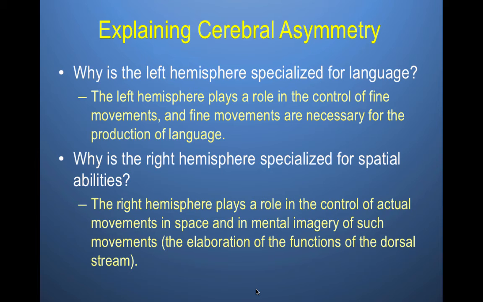If we think about the types of movements that we engage in when we speak, this is very focused, small movements, as opposed to very gross movements that would be exhibited when we move our body broadly. The right hemisphere, on the other hand, plays a role in the control of actual movements in space and in mental imagery of such movements.